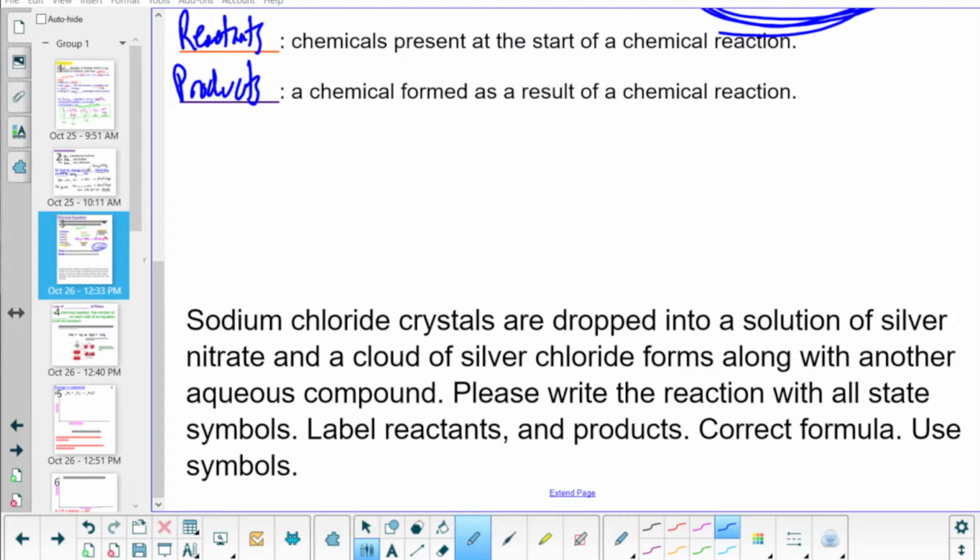So what does that mean? That means something. Drop into a solution of silver nitrate. That's an aqueous compound, so it's not a solution, along with another aqueous compound.